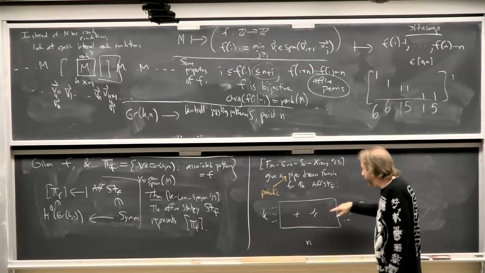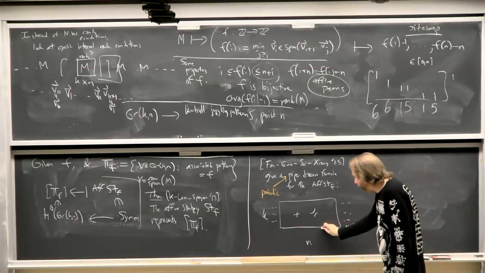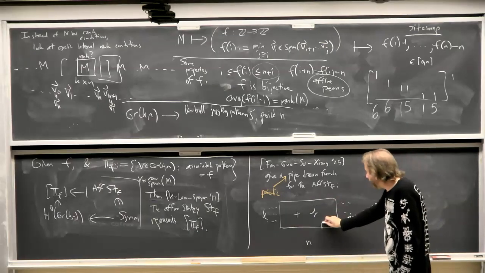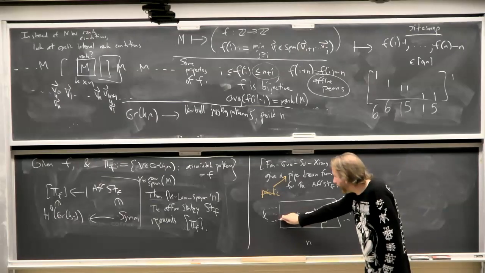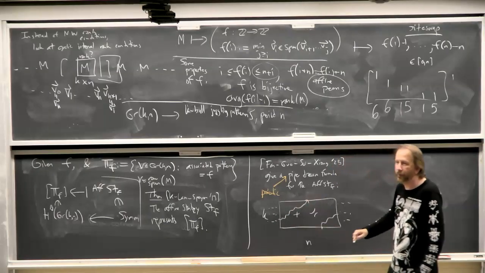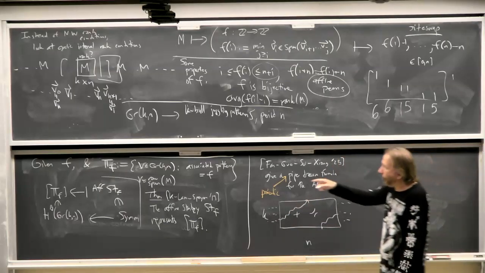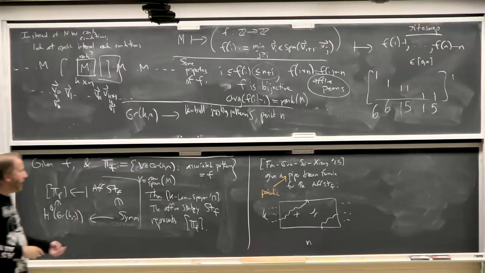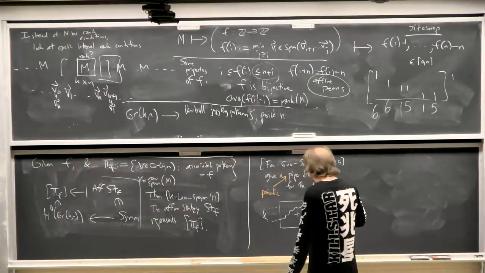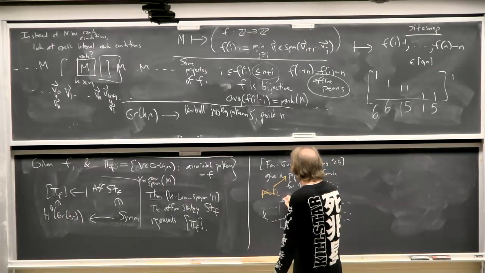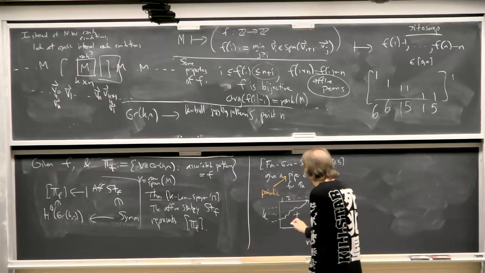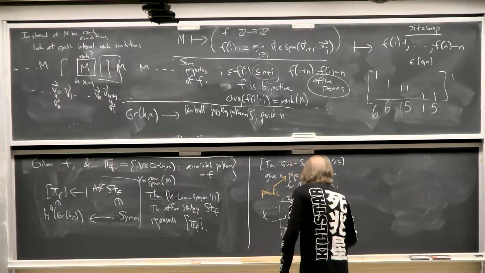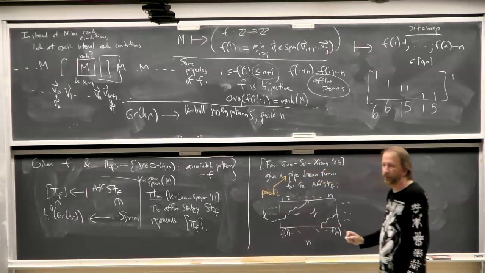But you should think of this periodically, particularly because if you start here and try to follow a pipe, it might come off this side and come back on that side and come up to somewhere. Before, we were connecting the numbers 1 through n on one side to our permutation on the other side. We're going to be doing that here as well, connecting 1 up to n here with f of 1 through f of n there.